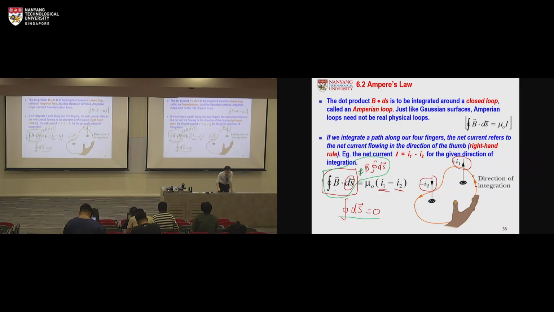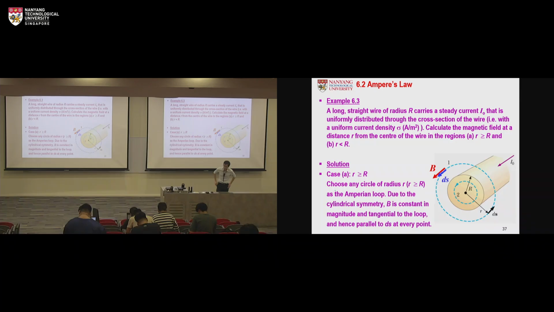And actually later, for some examples, you can see exactly how we do it. Let's say we look at this example, where you have a long straight wire, this yellow wire, radius r, that carries a steady current I0 that is uniformly distributed through the cross section.